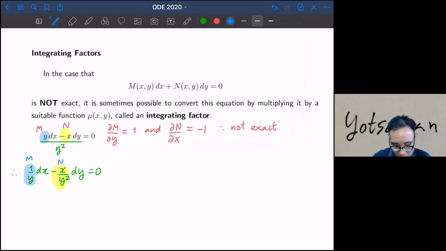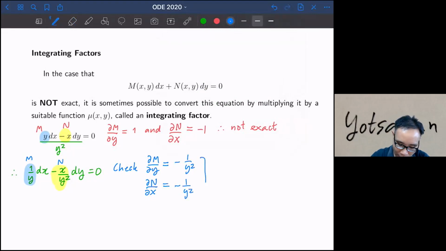And we check dM/dy. It's going to be negative 1 over y squared, because it's the derivative of 1 over y. And you have dN/dx, which is also going to be negative 1 over y squared.